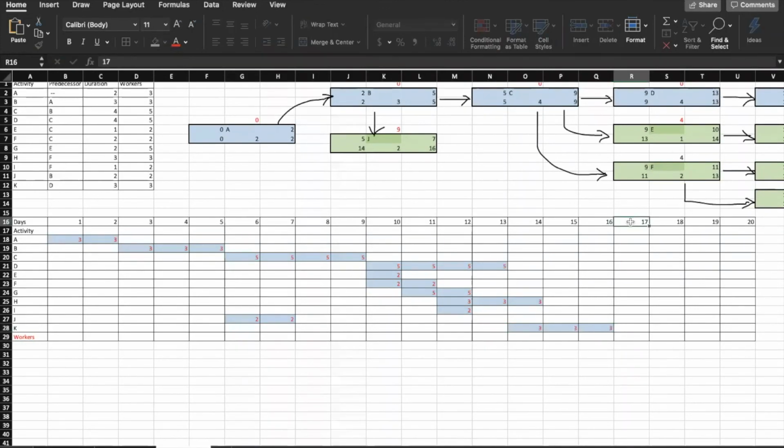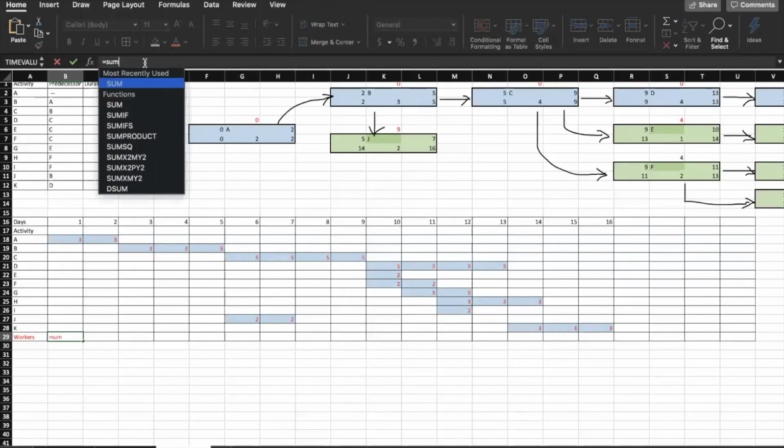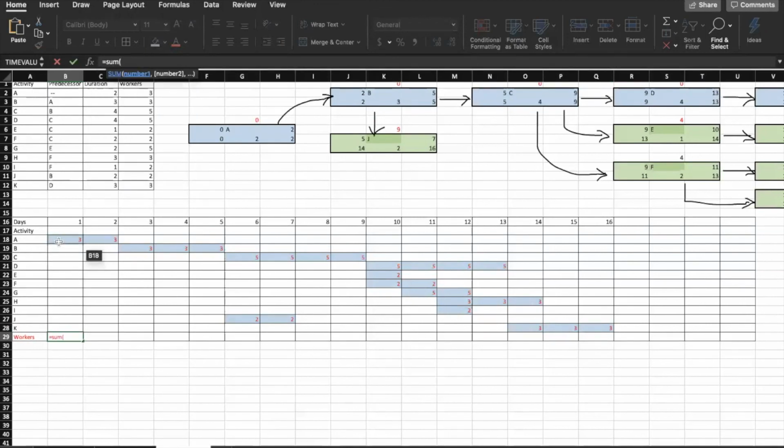So based on the Gantt chart and also on the graph above, we see that we only need 16 days to complete the activity. So I'm just removing the extra days that I had on the table, and to find the number of workers, I'm using the sum of each column that has the activities in it.